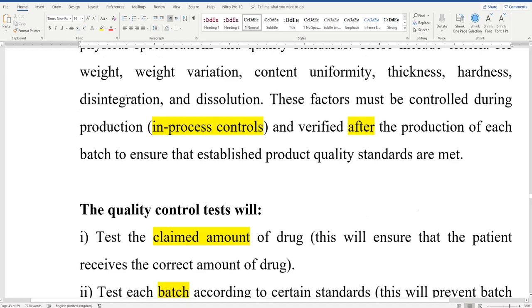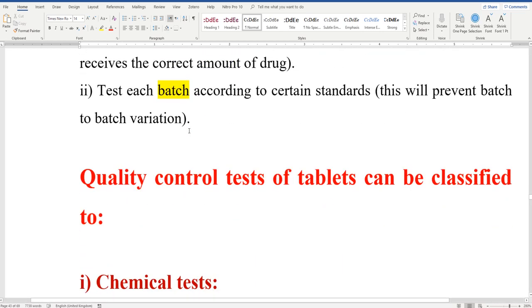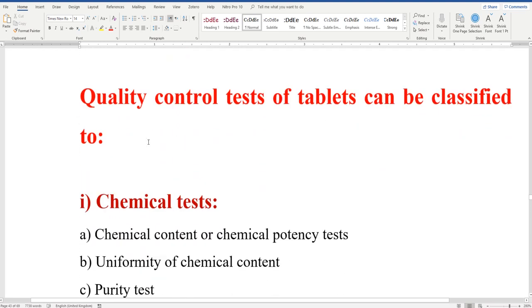That's why we need to do these tests, and the product will remain in the quarantine area, meaning held, until the quality control lab gives okay for it to be released to the market. Now, the quality control tests can be classified into three types according to the type of test.